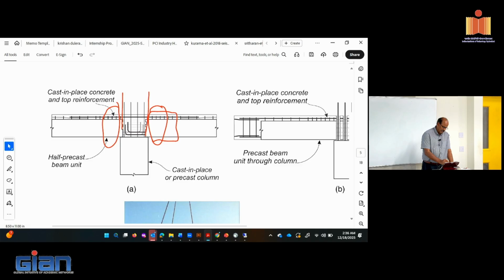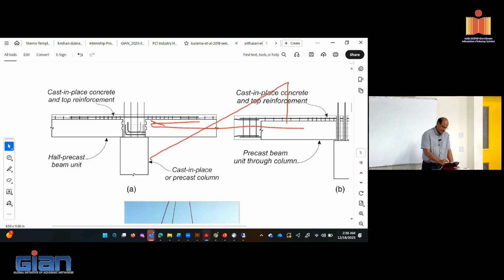Now, regardless of how you design this, if you subject a system to the same set of lateral loads, the moment demand, so if it's a single bay, you would expect the moment, so if this is a center line, the moment is going to go maximum here, maximum there.